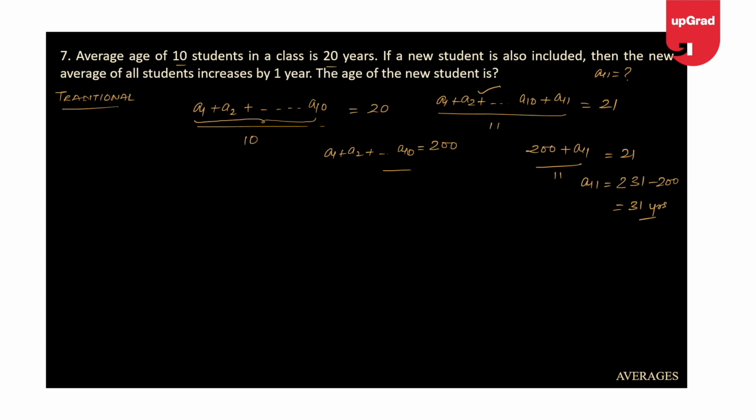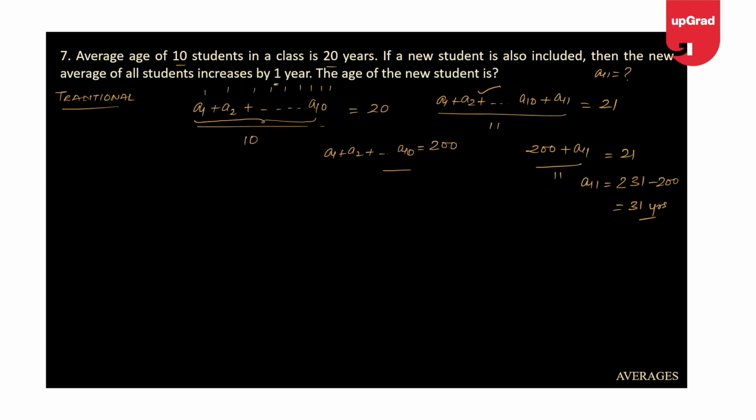So what do we do then? Now, please understand, this is the most important thing that we have to understand in averages. If there is a new student who has joined and the average increases by 1 year, which means this 1 year can virtually be seen to be added to all the 11 people.